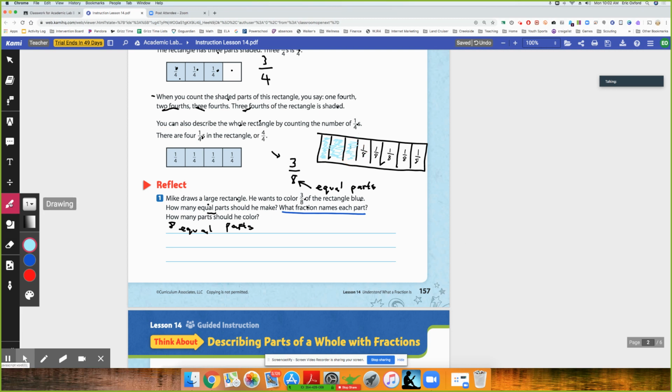I want black. Okay. So 1 over 8. So each piece is 1/8. So what fraction names each part? 1/8 names each part.